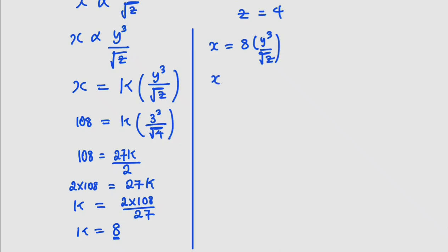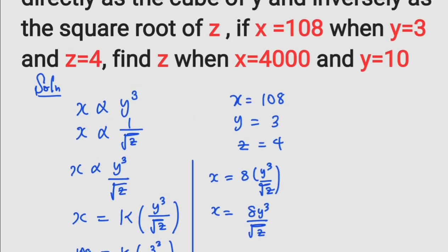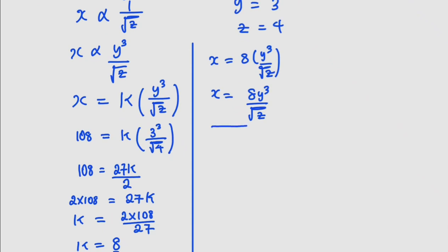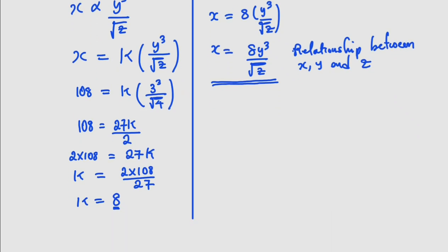We can write it as 8y cube all over root of z. This expression is termed the relationship between x, y, and z, and at the same time it can be called the formula that connects x, y, and z, which is very important in this question.